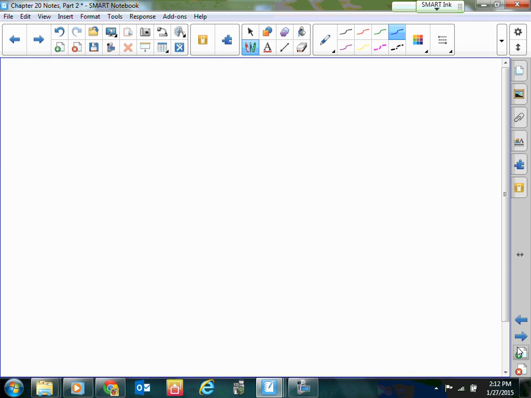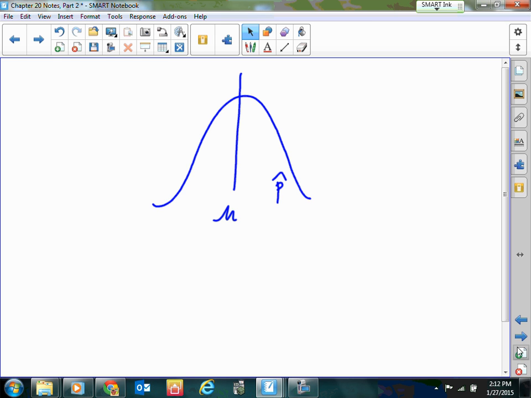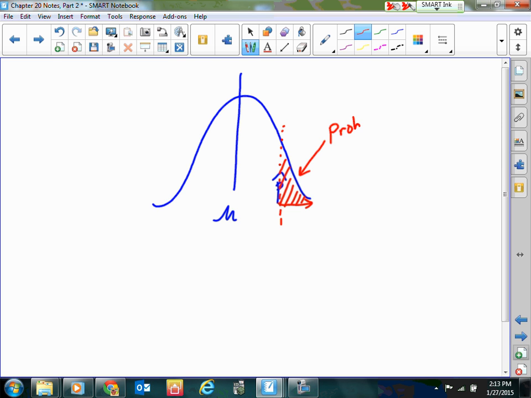Okay, so if you have this, and then you've got your mean, say you get a sample up here. The probability of getting that sample or something more extreme is your p-value. Okay, so we actually know how to do that. We just haven't called it this thing called p-value. So this probability is your p-value.